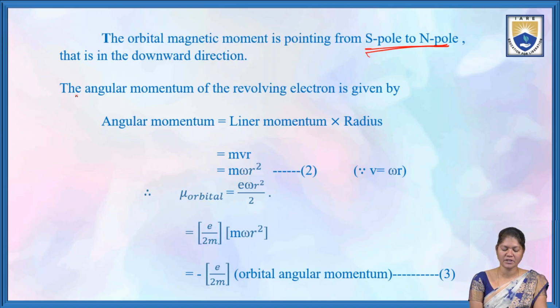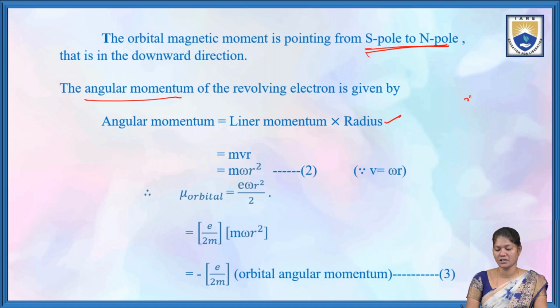The angular momentum of the revolving electron is given by linear momentum into radius. Linear momentum is equal to m into v, and the radius of the circular orbit is r.